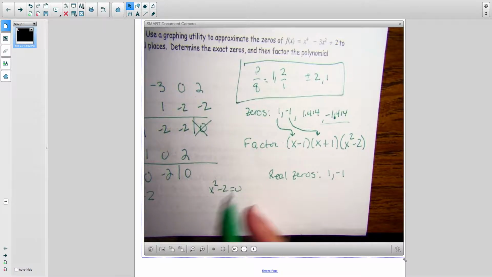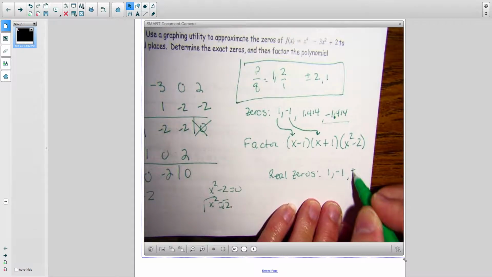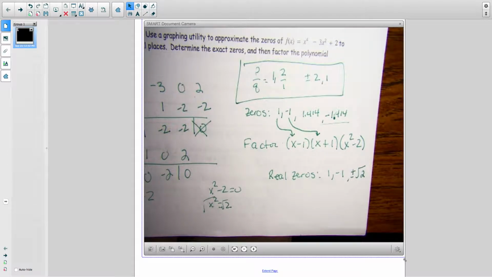Add 2. Square root. Plus or minus. So there's our exact values.